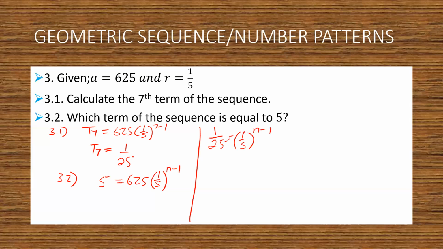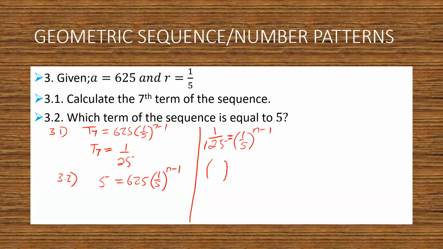And what do you do thereafter? 1 over 25, it's 1 over 125. Am I right? Yes. So what did you do?